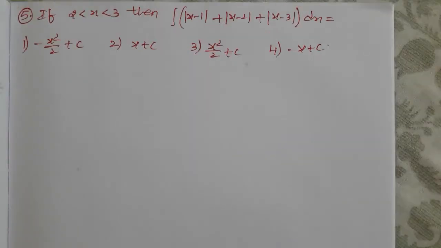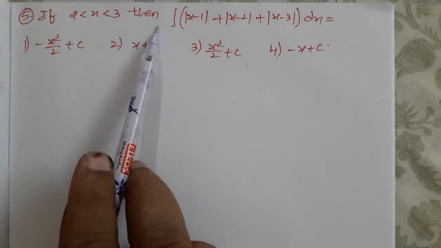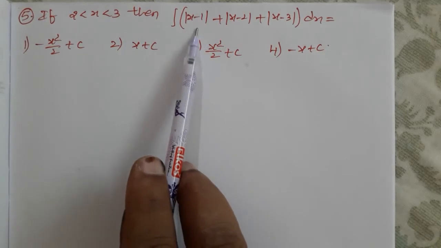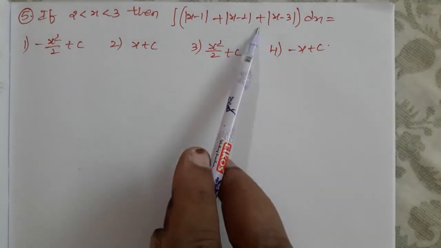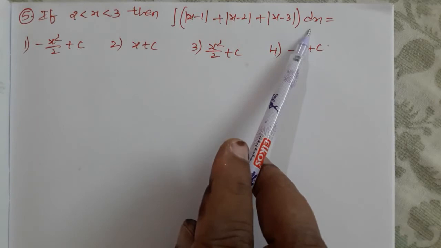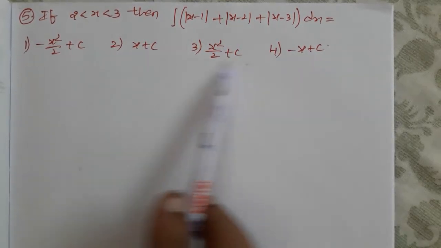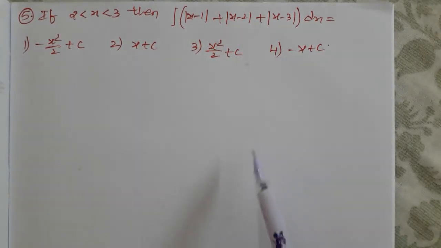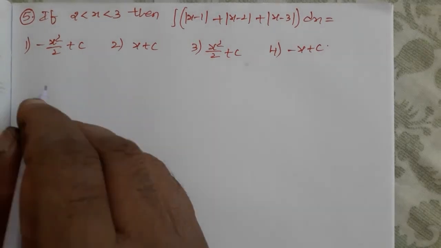Now next question. If 2 less than x less than 3, then find the integral of modulus of x minus 1 plus modulus of x minus 2 plus modulus of x minus 3 times dx. There are 4 options. Now let us calculate.